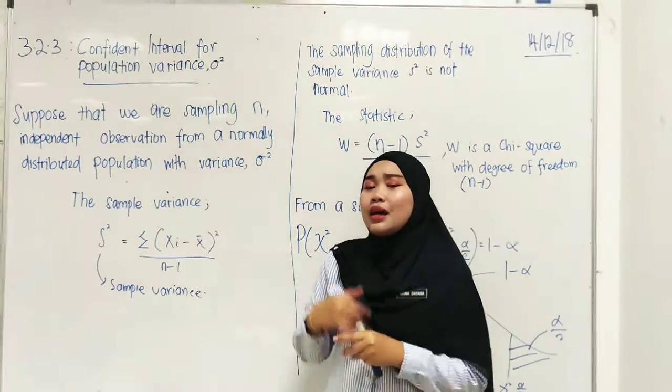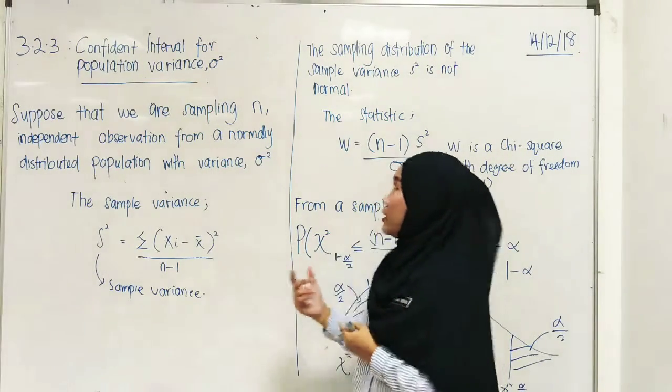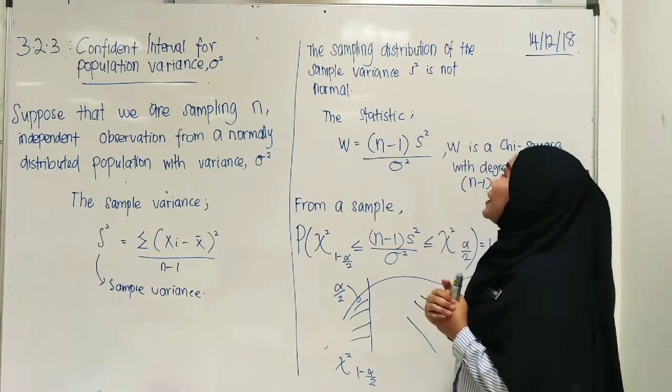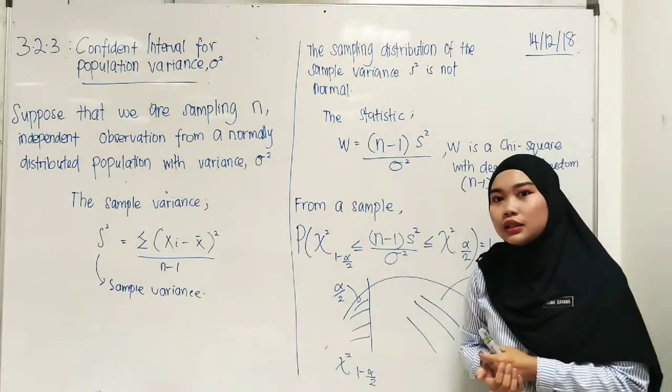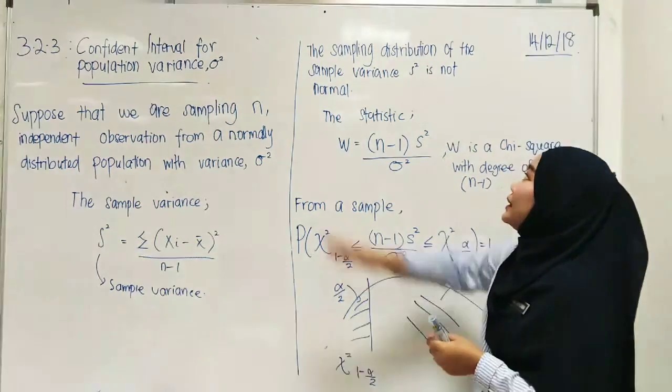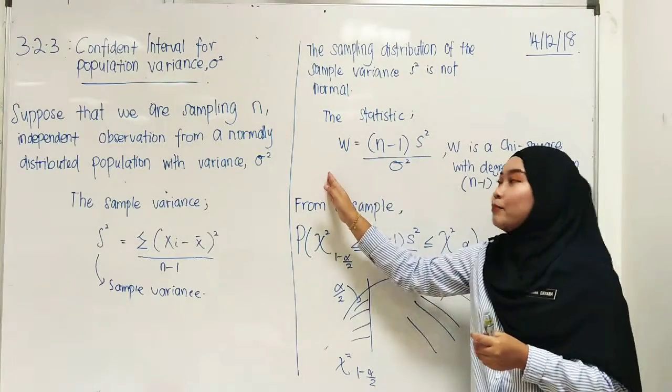So we start with the population variance. The sampling distribution of the sample variance S squared is not normal. So how to calculate the population variance? In the test statistic, we use chi-squared.